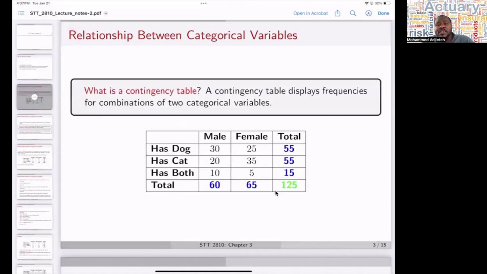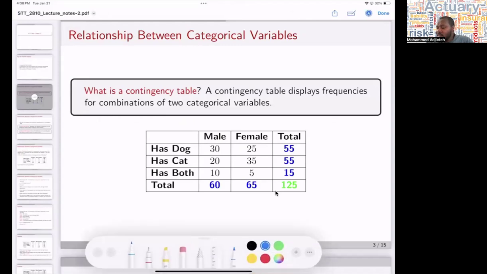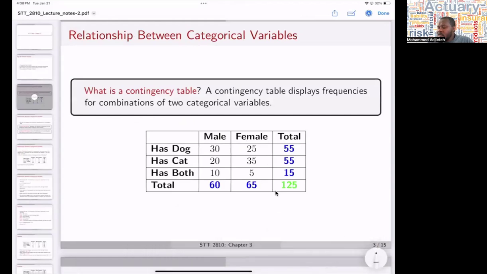So a contingency table is a table that displays the frequencies for combinations of two categorical variables. For example, this table here is an example of a contingency table. What are the categorical variables here?